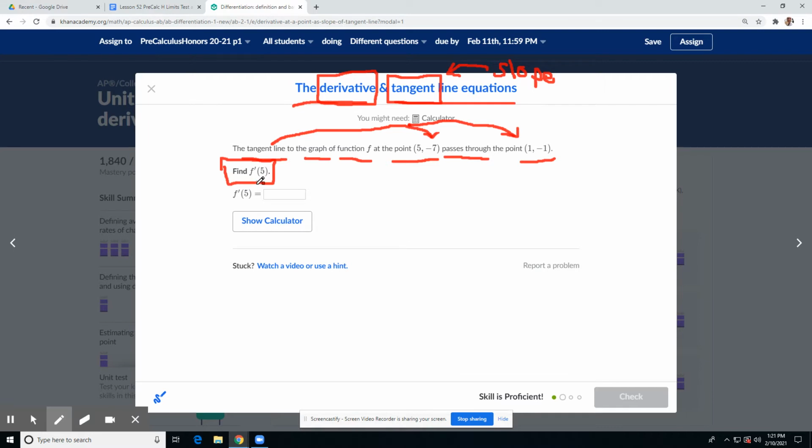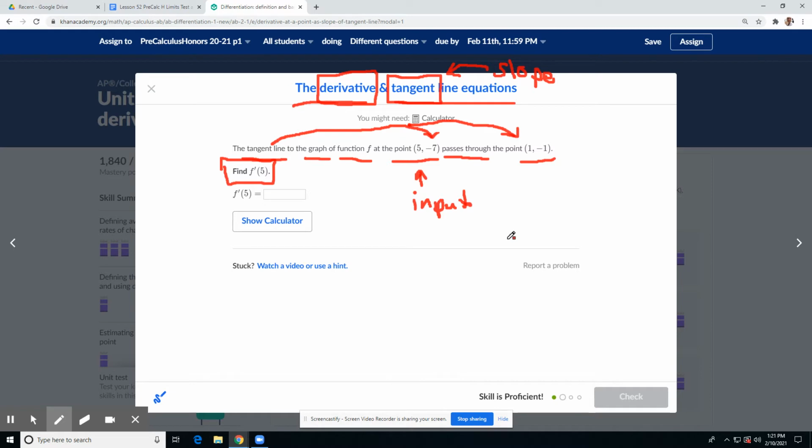So at 5, this is where it starts at the point here. That's our input. Remember, our input is 5 here, and that's what we're focused on through the calculus side of it. And then it's passing through this point right here.